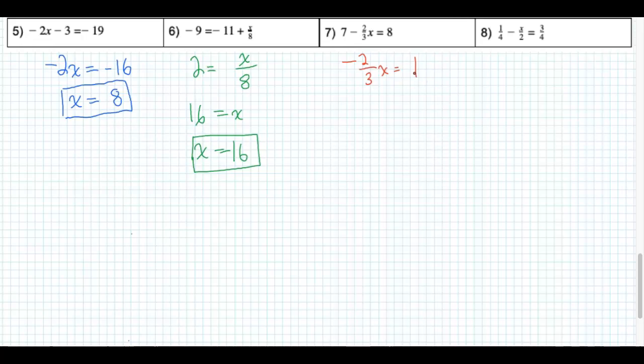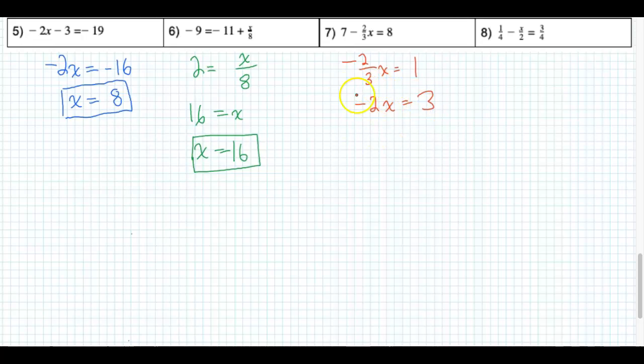Okay. And then I'm going to undo the division first. This is multiplication and division. So if I multiply both sides by 3, I will undo that division, the denominator part. So I'd have negative 2x equals, and if I multiply this side by 3, I'll have just 3.